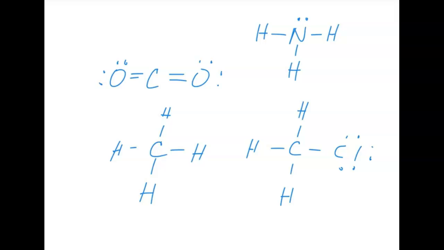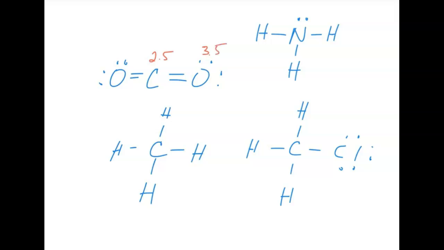If there are polar bonds in the molecule, it can go both ways. The molecule can be polar or it can be non-polar. And we can now discuss how to understand if it's polar or not polar.